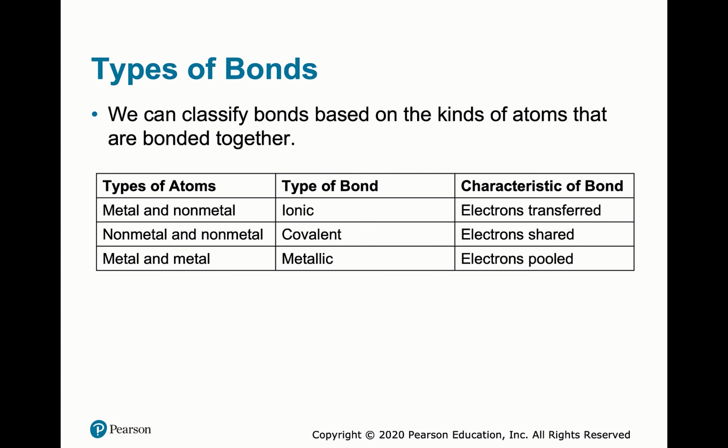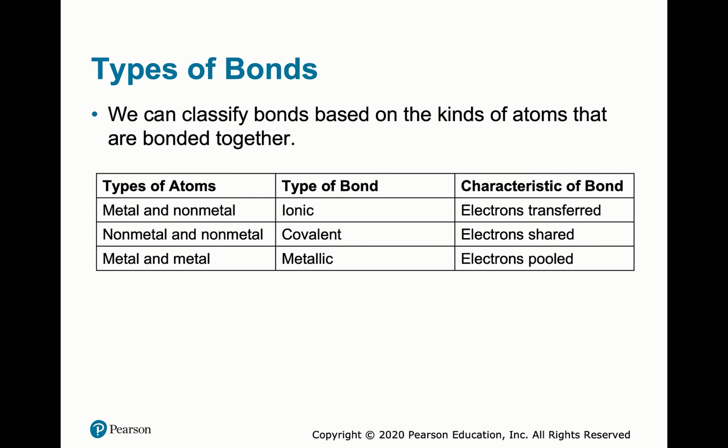So metals and nonmetals tend to have more ionic bonds. They can have covalent bonding between metals and also between metals and nonmetals. Generally speaking, though, the bonds tend to be more ionic, where the electrons are transferred from one atom to the other. Nonmetals and nonmetals tend to have covalent bonding.